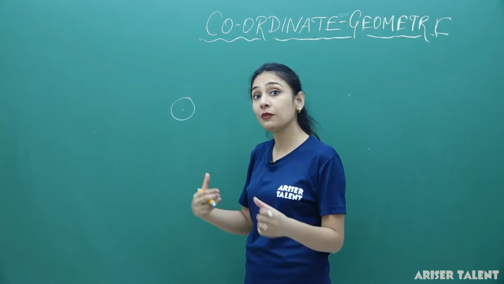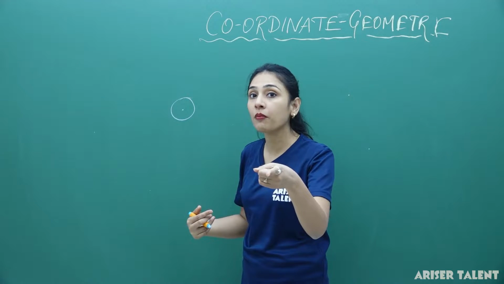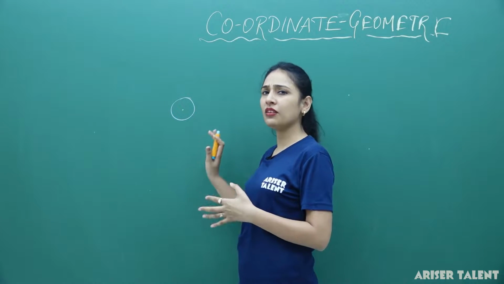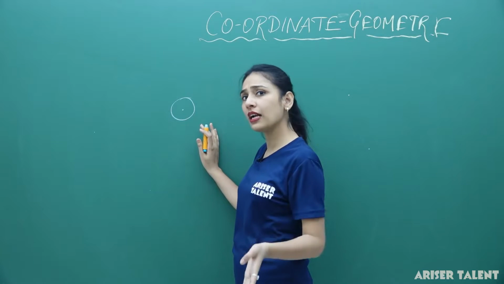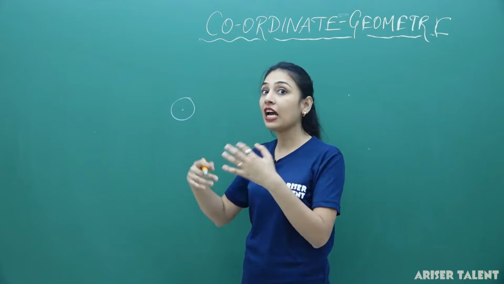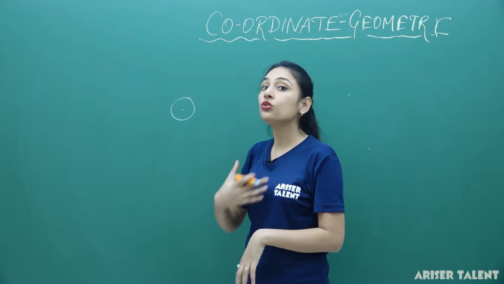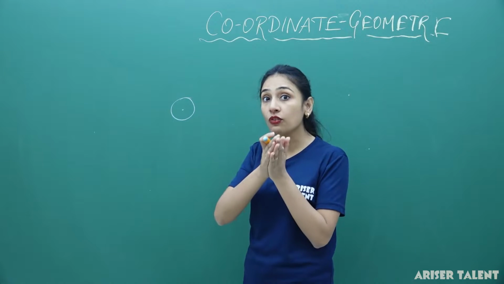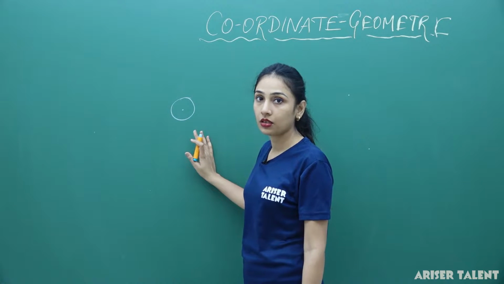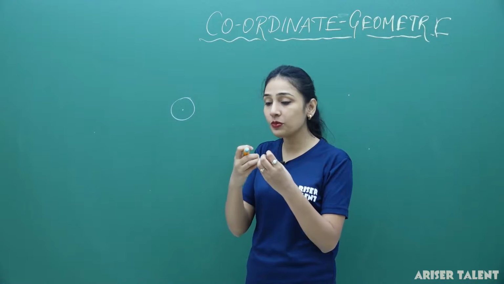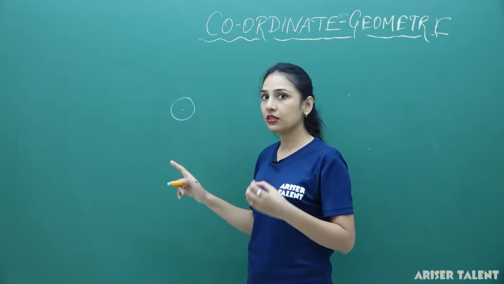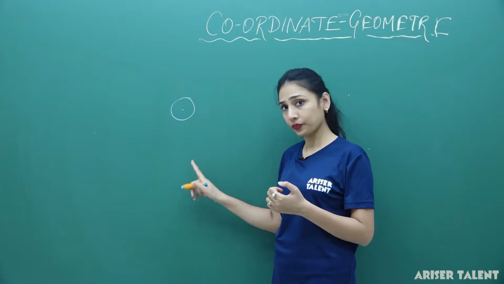Or maybe at that particular time even you won't remember, even I won't remember where this point was, and we are having other points also all over the board. So how will you know the exact location or position of this point? There should be some process by which you can identify this.